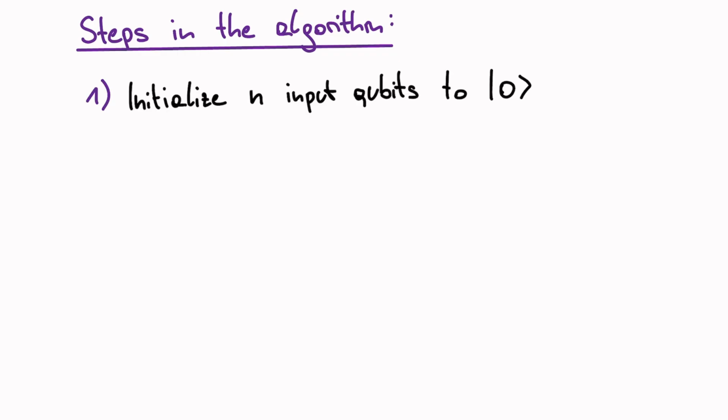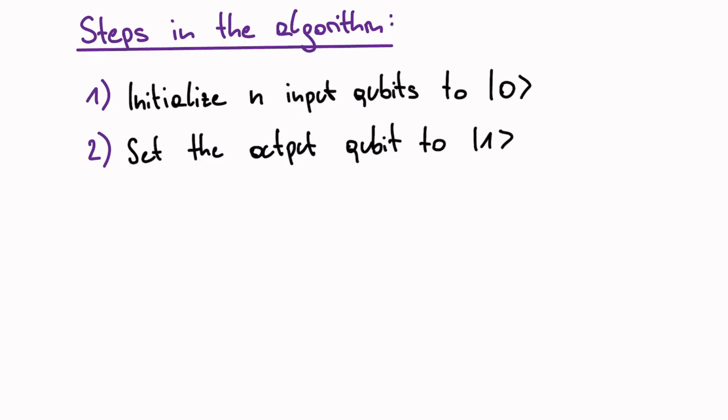So step 1, we initialize n input qubits in state 0. Using our photonics analogy, this would mean placing the photon into the first rail, which represents the 0 state. Step 2, we set the output qubit to state 1. Why we do this will become clear later from the math, but for now we simply set the output qubit to 1.